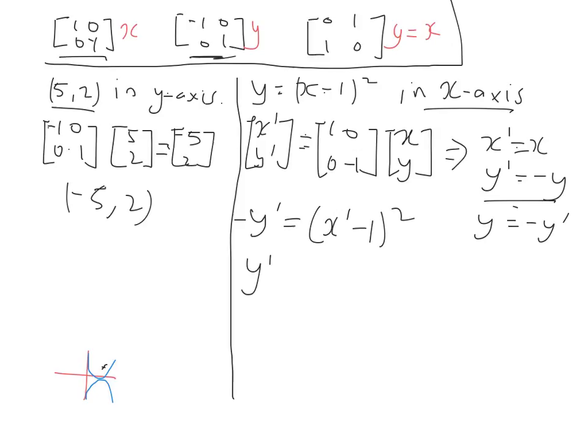So we have y dashed equals negative x dashed minus 1 all squared. And finally we write that as y equals negative x minus 1 all squared. And like we saw before, exactly the same, except it's reflected in the x-axis. So that's how you go about doing these kinds of reflections.